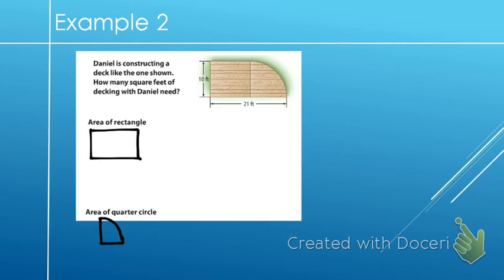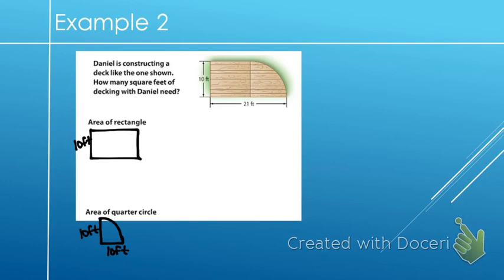So if you look at the picture, we at least know the height is 10 feet. Okay, we don't know the length of the rectangle yet, but we do know that the radius is 10 feet. So if the radius is 10 feet, that means this is also 10 feet. So it can't change for a circle. If the radius is 10, the radius is 10.